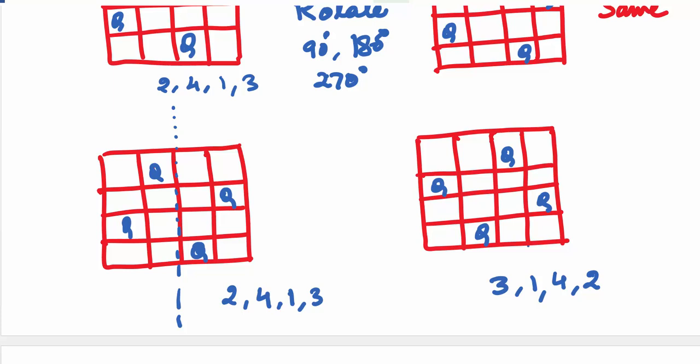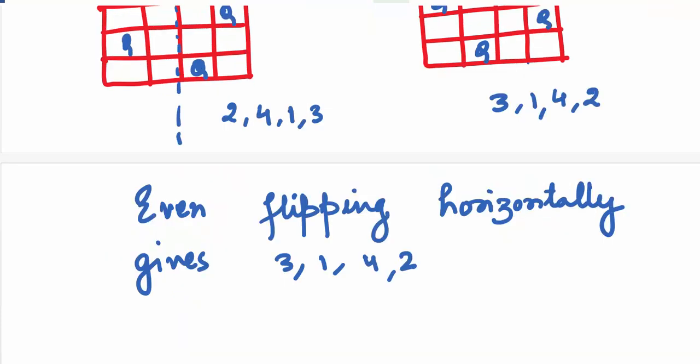So if you fold the board from the center, you can see your arrangement 2413 is nothing but 3142. So it's giving you another valid solution by finding the reflection along the y-axis. And you will notice even when you find the reflection along the x-axis, or when you are flipping horizontally, the other solution you will get will be 3142.